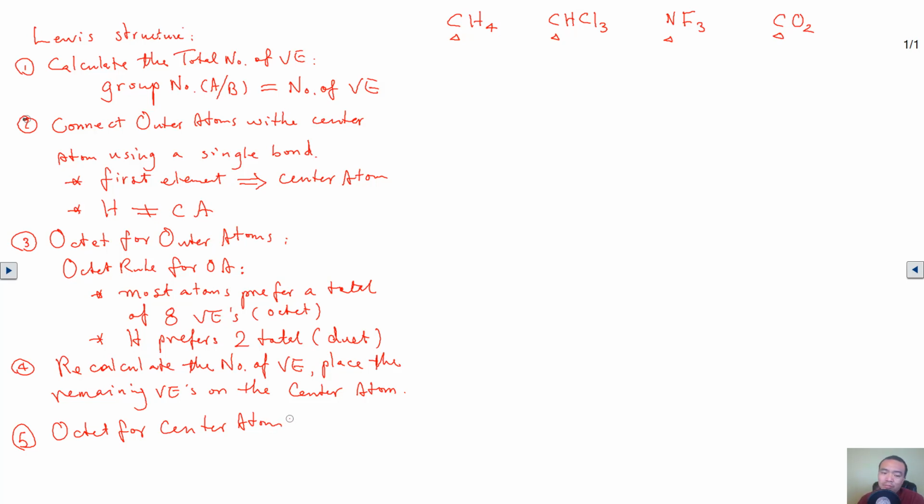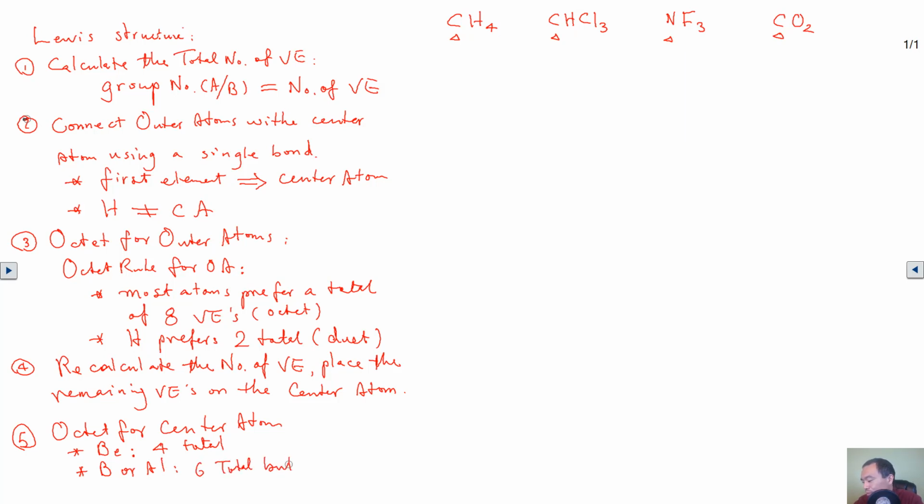The octet rule for center atom actually has a lot of exceptions. Okay, so I'm going to write down the full list of this. For example, beryllium actually prefers 4 total. If you have boron or aluminum, they prefer 6 total.